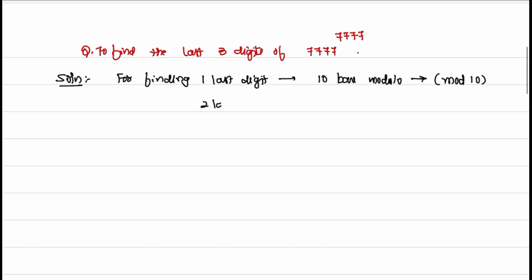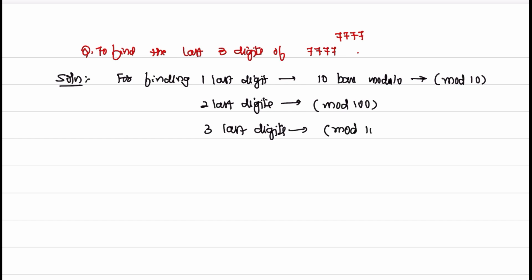For two last digits we require that number's modulo 100. For three last digits we require mod 1000.